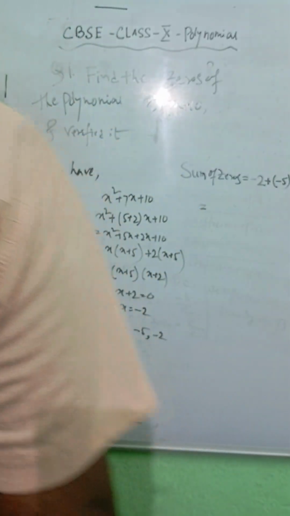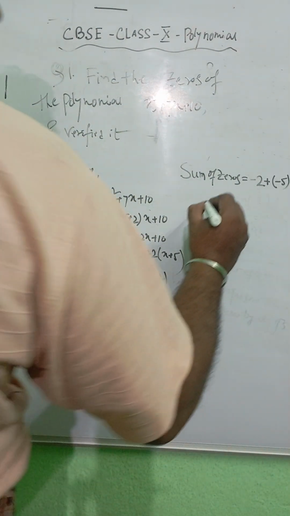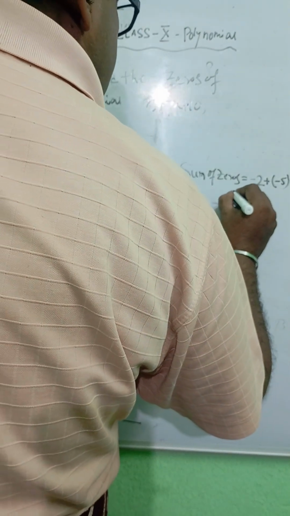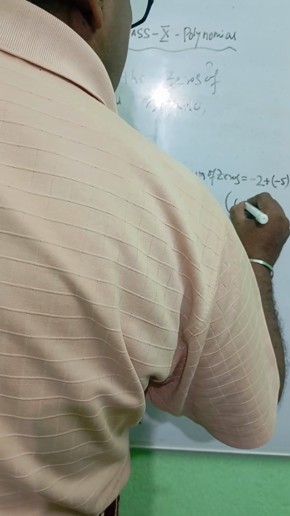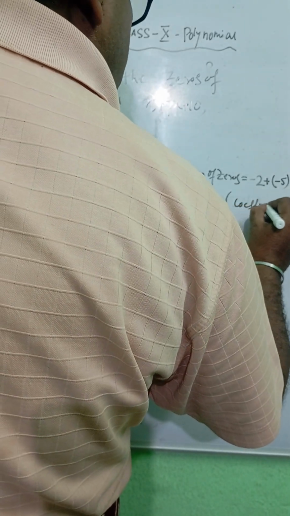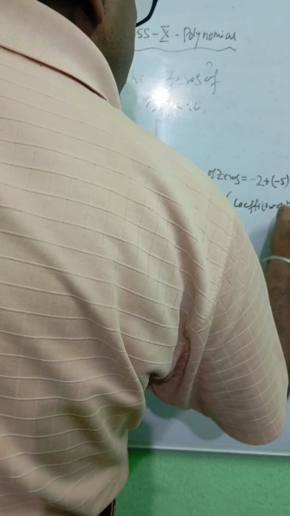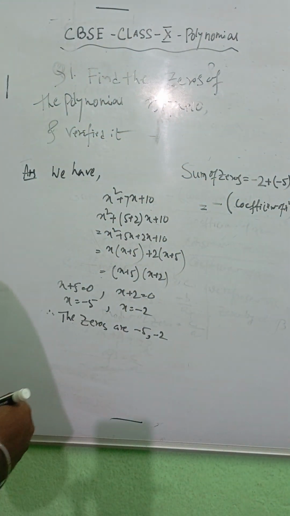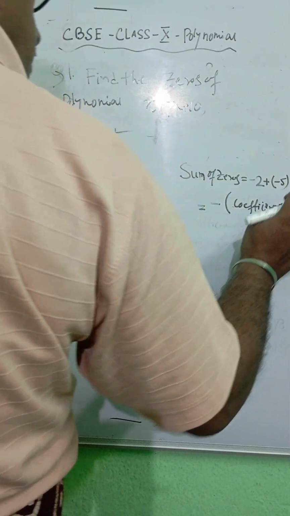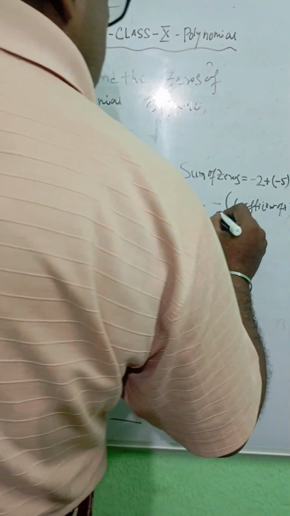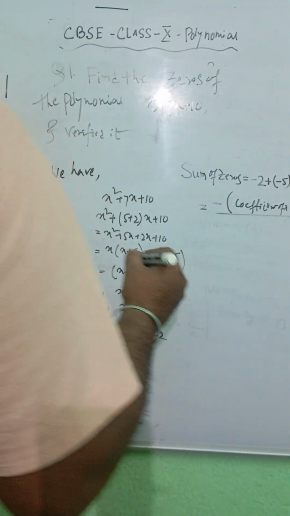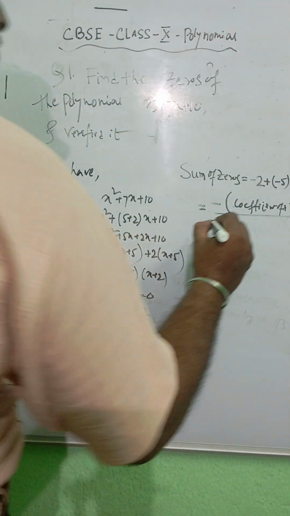Again, we know the formula: minus, within bracket, coefficient of x by coefficient of x square.